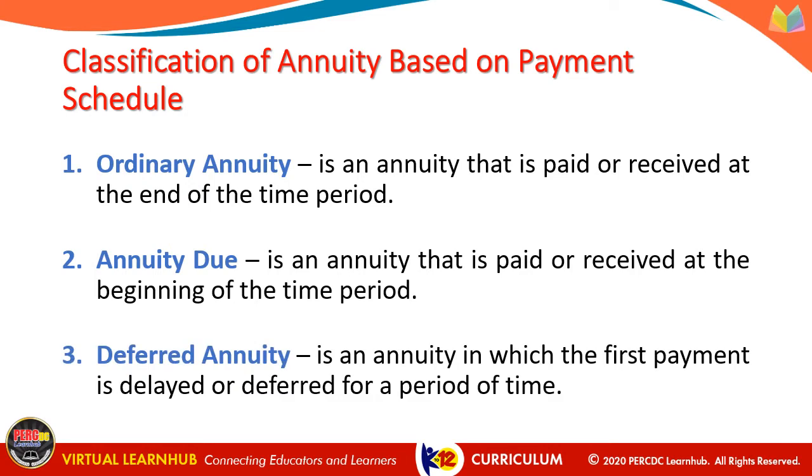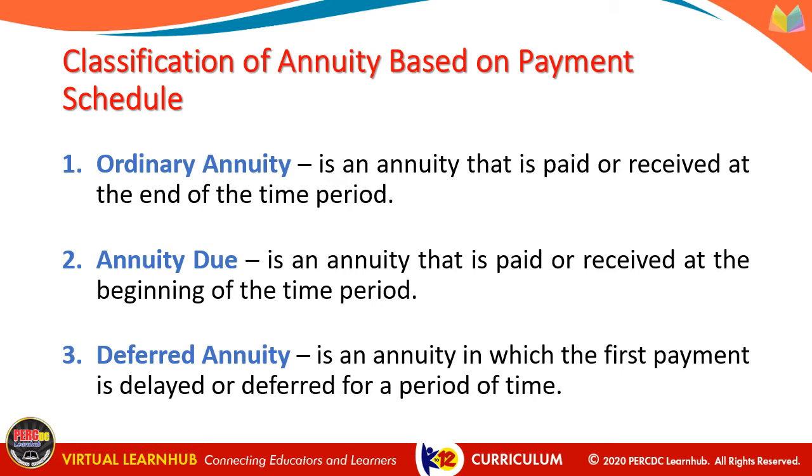Next one, we have deferred annuity. It is an annuity in which the first payment is delayed or deferred for a period of time. For deferred annuity, several periods will pass by without annuity. But after a certain number of periods without annuity, we can see regular payments or deposits after that period.